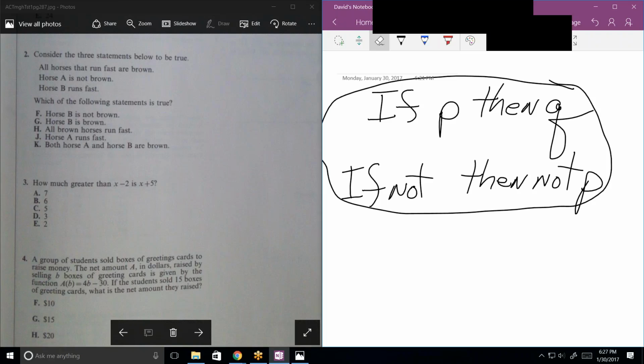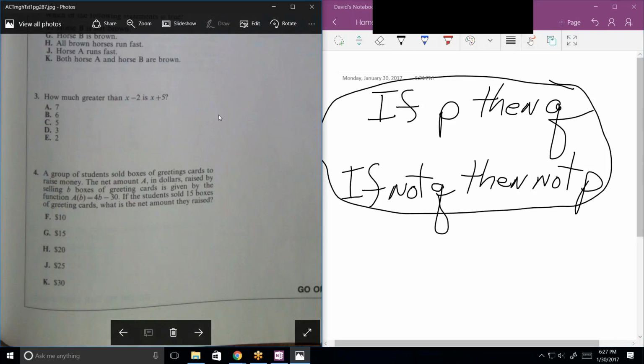So sometimes the reverse is true, but this is always true: if an angle is not a right angle, then it is not 90 degrees.